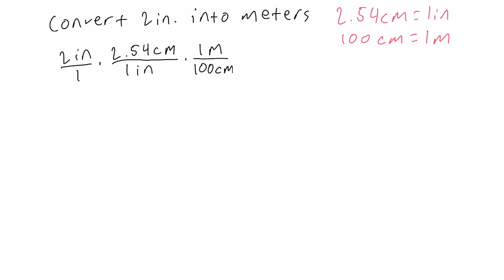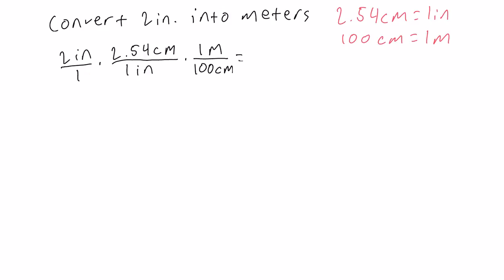Now you're going to multiply this all out, but you are going to put it into a decimal, and feel free to use your calculators for that. So, when you do that out, what you need to do is multiply everything that's on top and then divide by everything that's on bottom. So, 2 times 2.54 divided by 100. Notice I didn't include the ones anywhere.